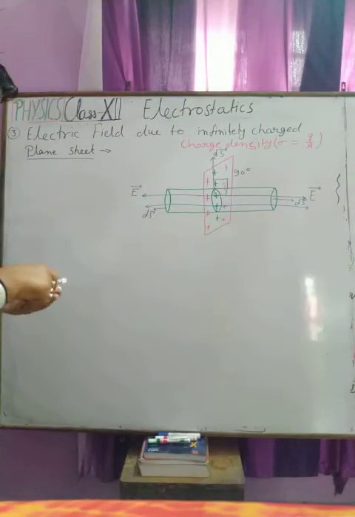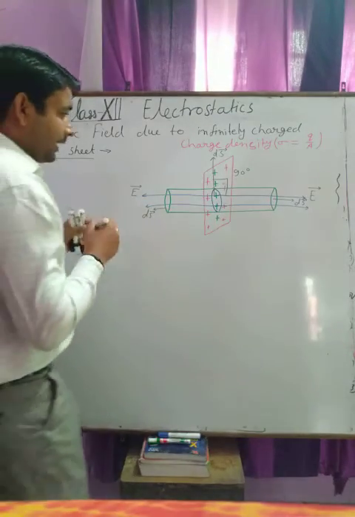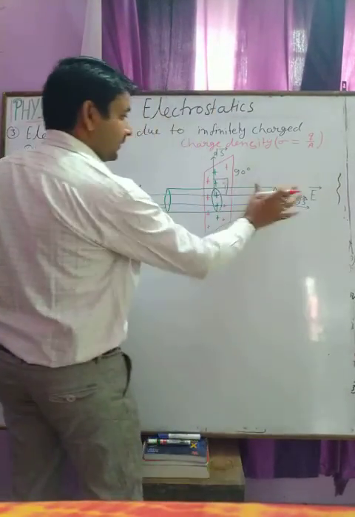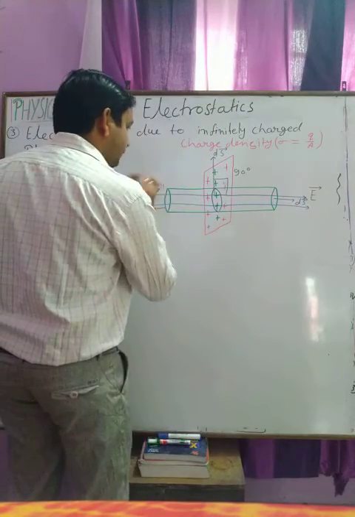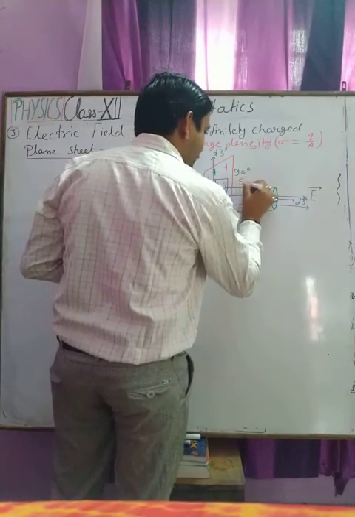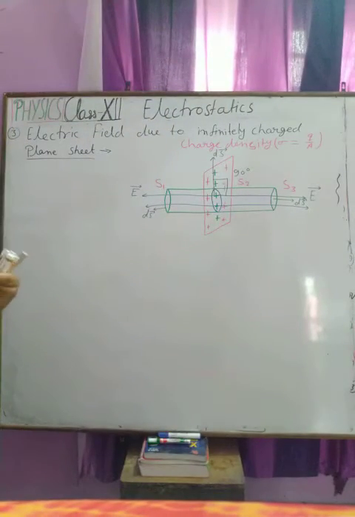So we specify the angle for each surface: this is surface S1, this is surface S2, and this is surface S3. Is it clear, students?